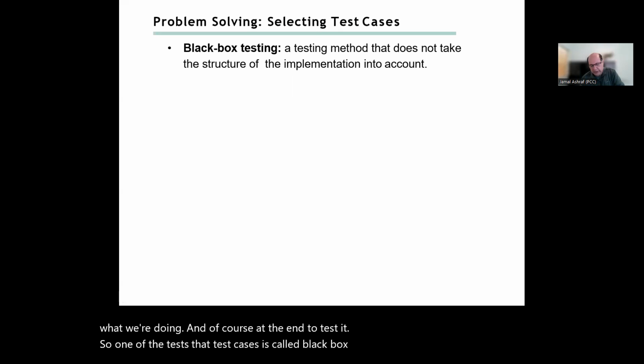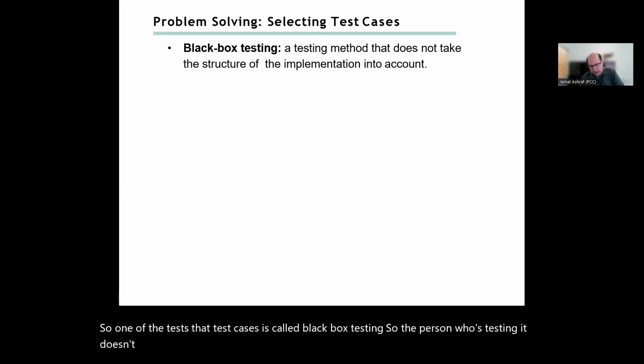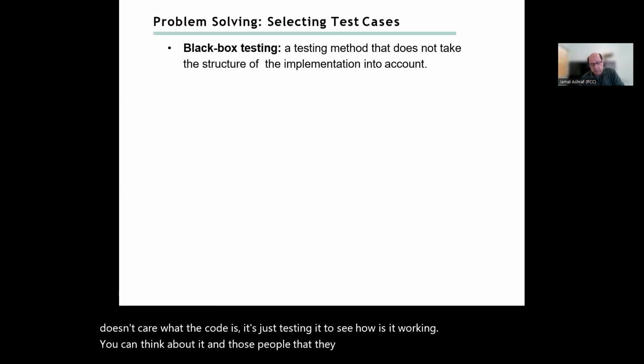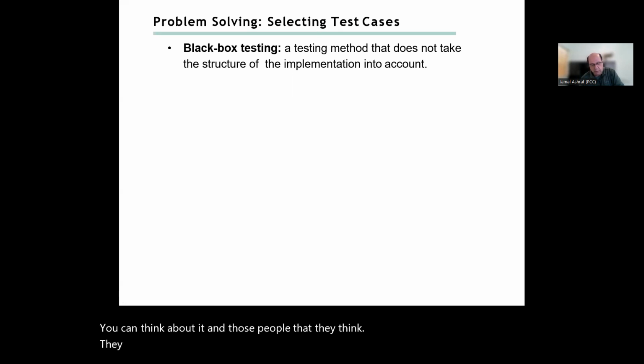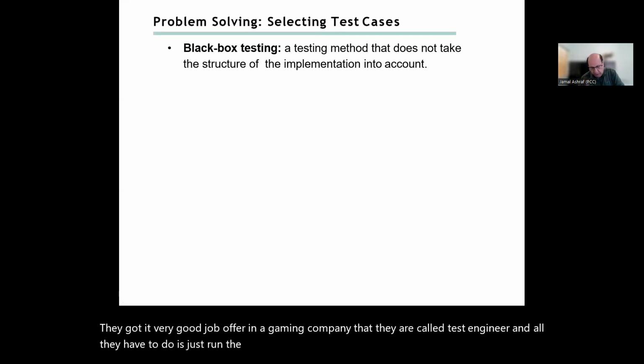One of the test cases is called black box testing. The person who's testing it doesn't care what the code is. It's just testing to see how it is working. You can think about those people who think they got a very good job offer in a gaming company, called test engineer, and all they have to do is run the program and look for the bugs.